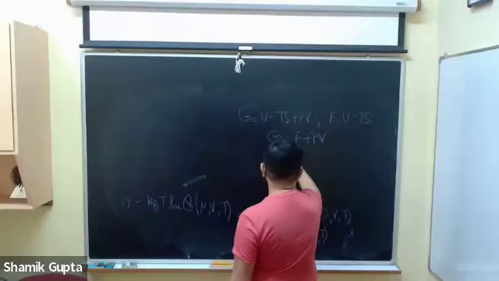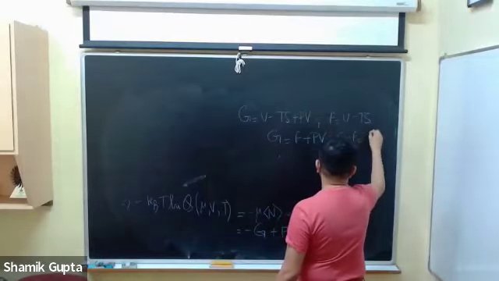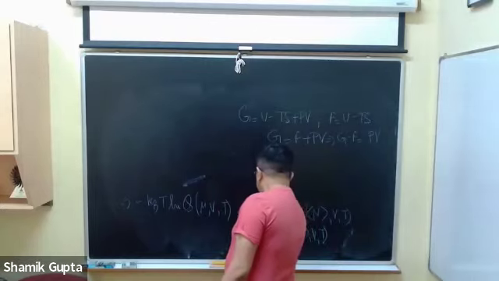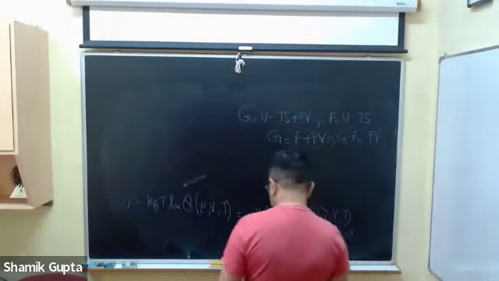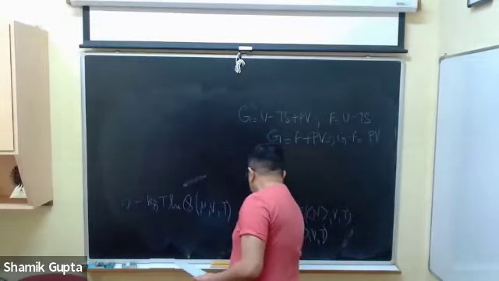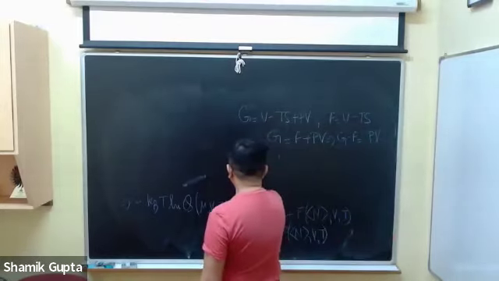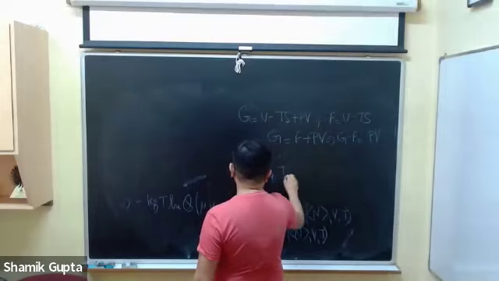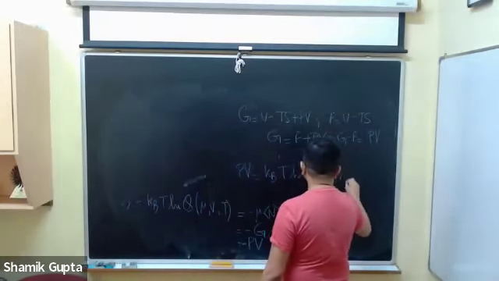Therefore, G minus F is PV, so this one is nothing but minus PV. So I get a very important relation that PV is equal to kBT log of Q of mu, V, T.